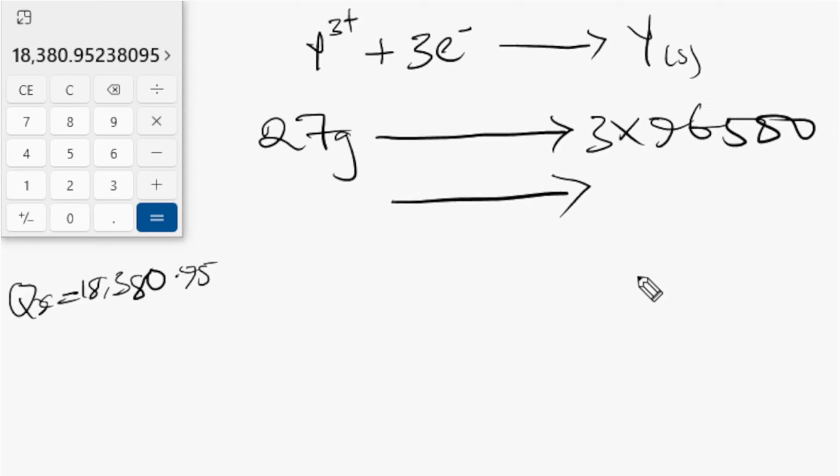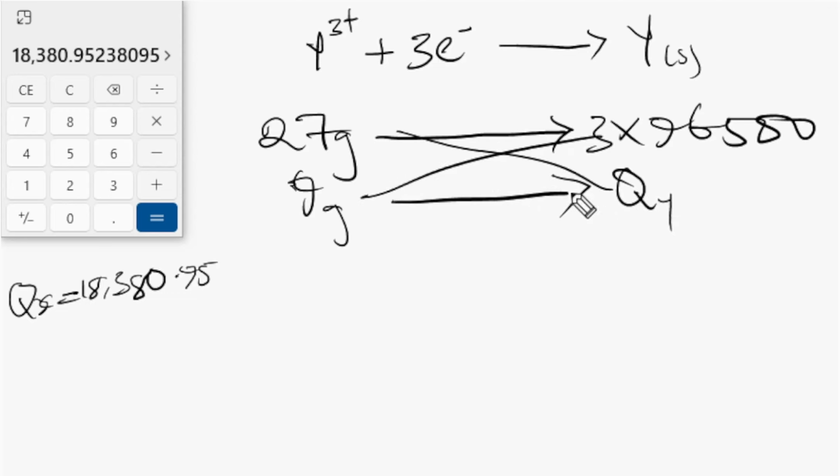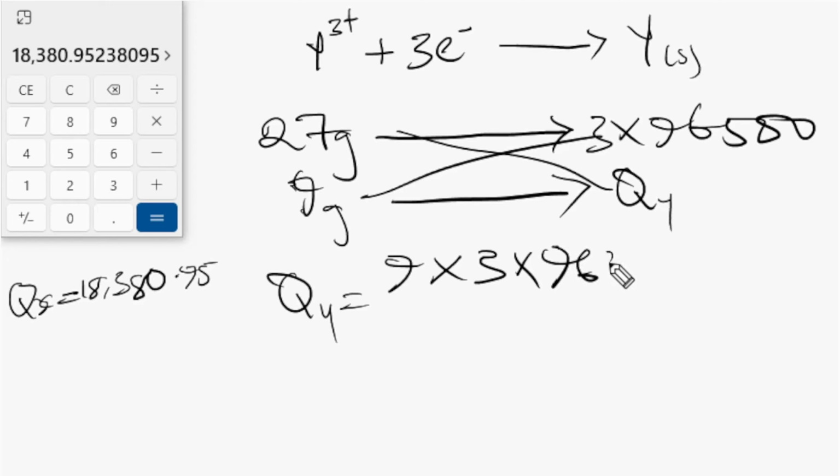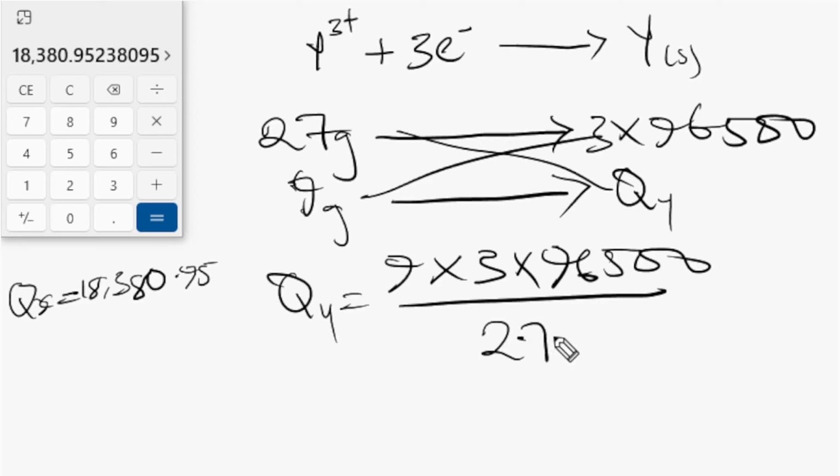And then since we are told to find the cost for 9 grams, we are working with 9 grams of Y. So what will be the charge here? Let's call this Q for Y. So let's go ahead and cross this out. To find the Q for Y, we'll multiply this by this, and then we'll divide by 27.